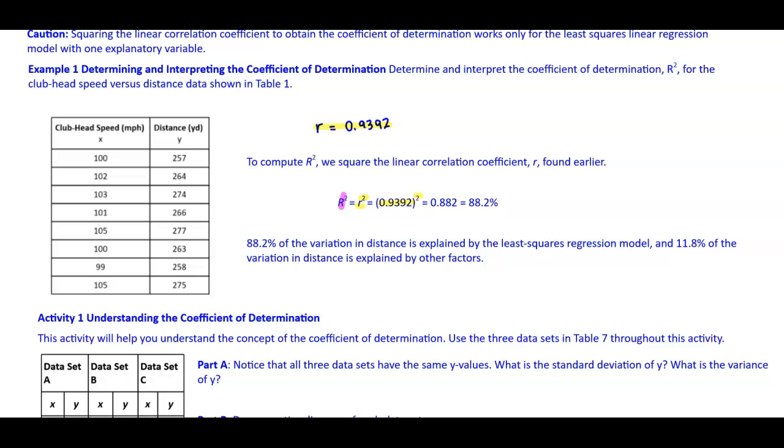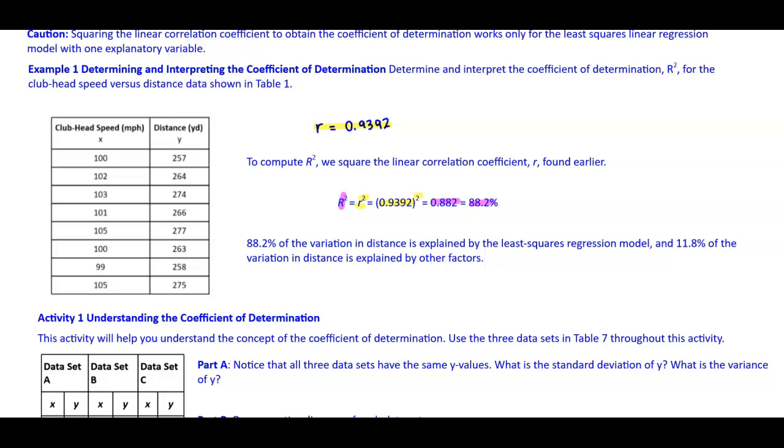And what that gives us is 0.882. And if we convert that to a percentage, we would say that it's 88.2% for the coefficient of determination. So what would we say then?